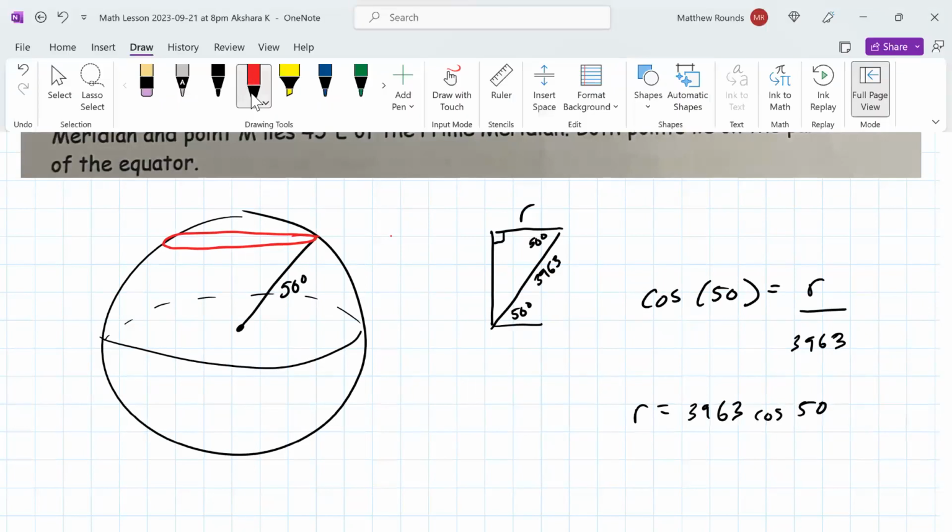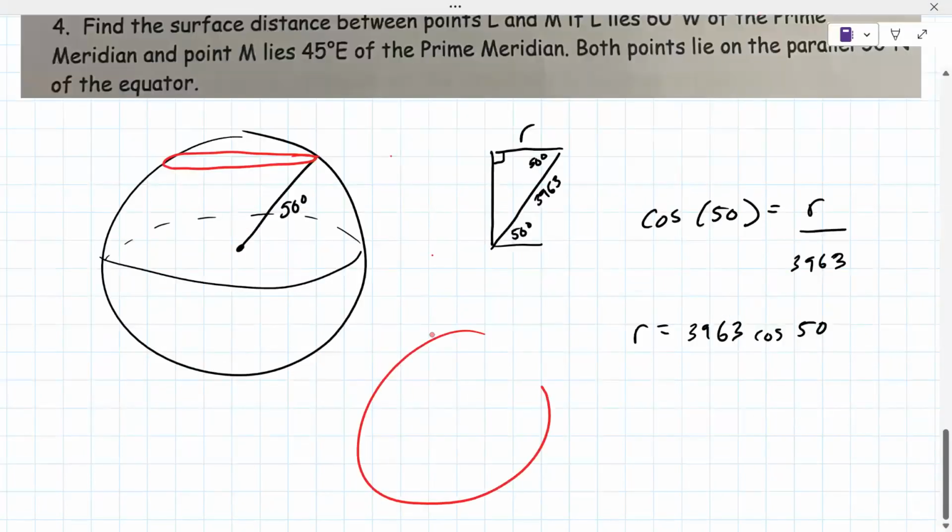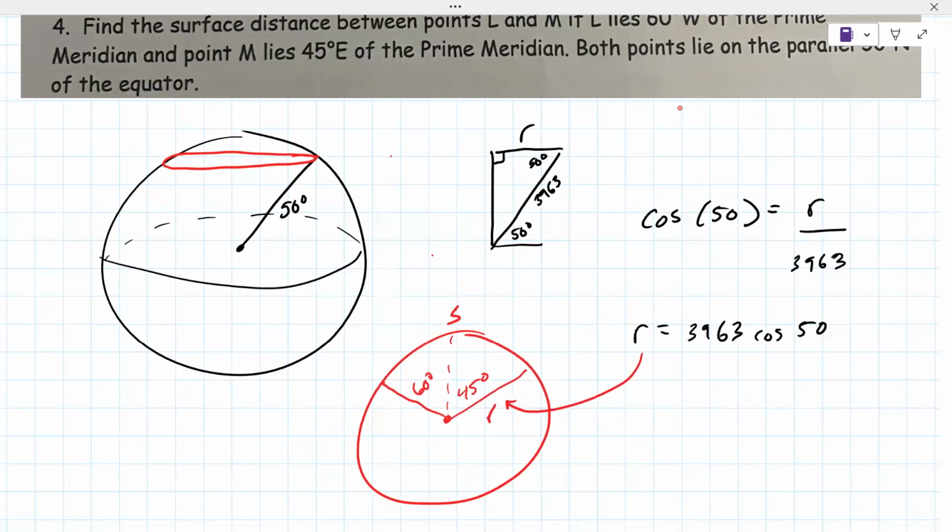Point W is 60 degrees west and then 45 degrees east. We're finding this S here, and this is the R. The red is the top down view, like if you sliced the apple or the orange, you would see that.